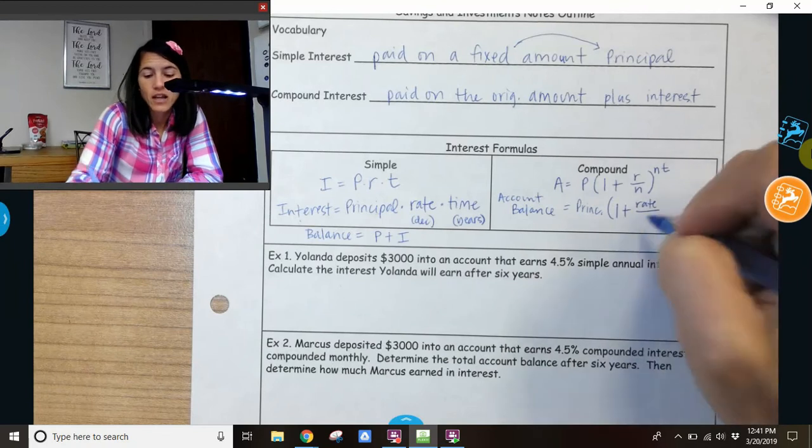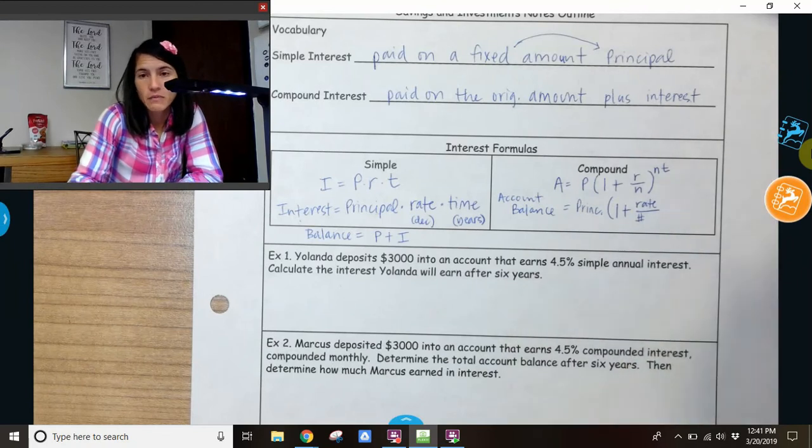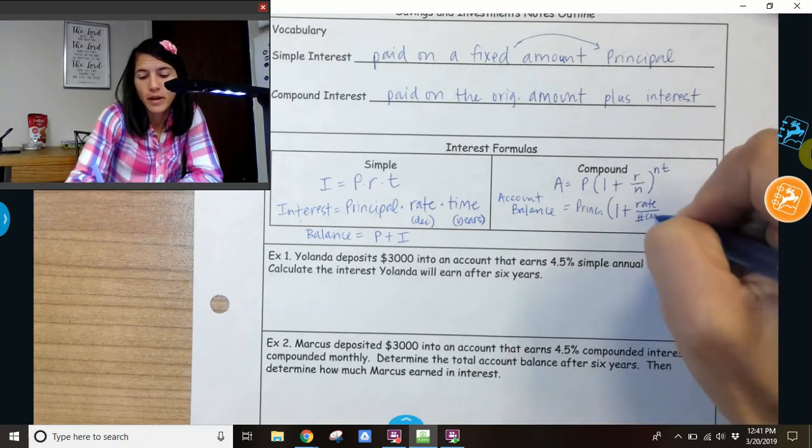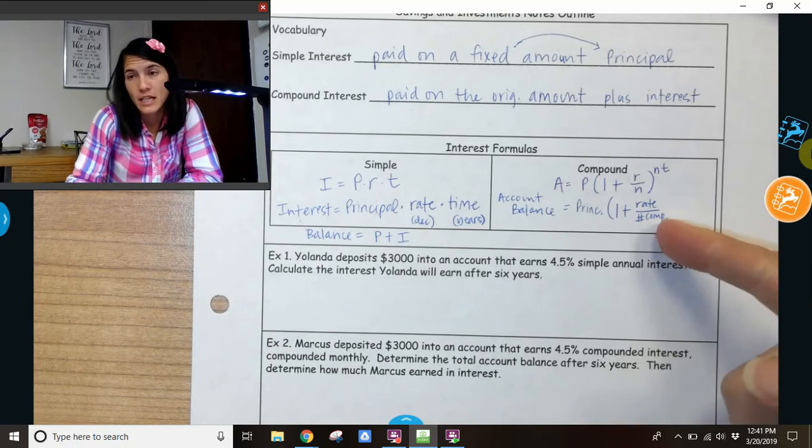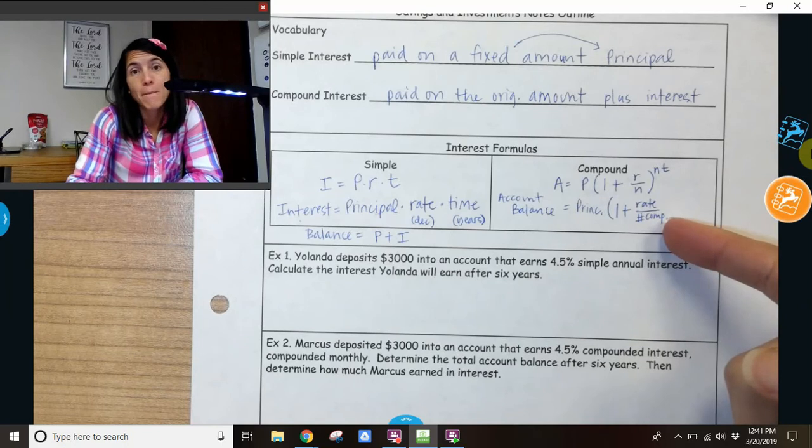And N is going to represent the number of times compounded. What that means is it's compounded different times of the year. For example, if it says compounded monthly, then the N would be 12 because there are 12 months in a year.